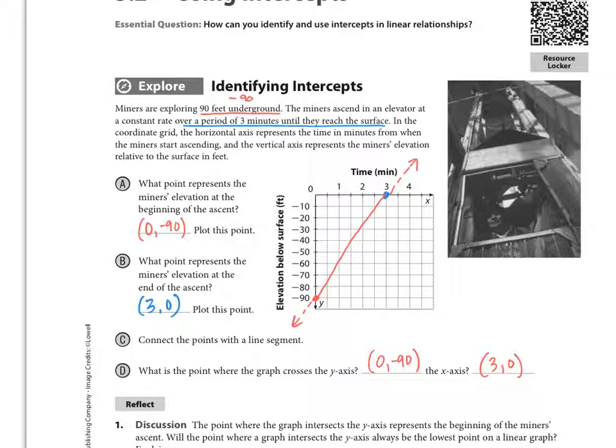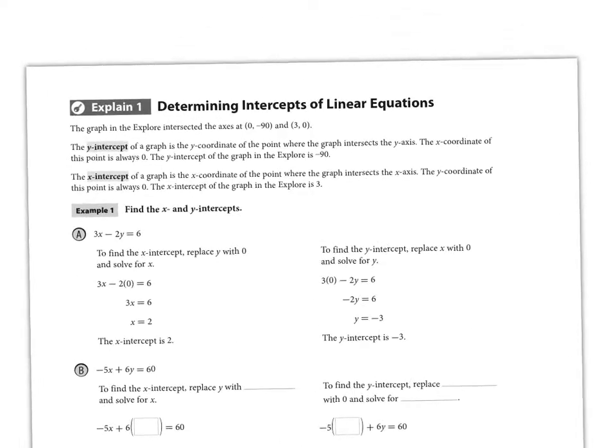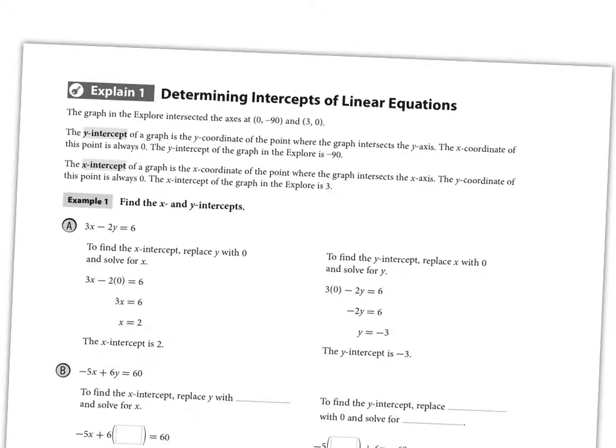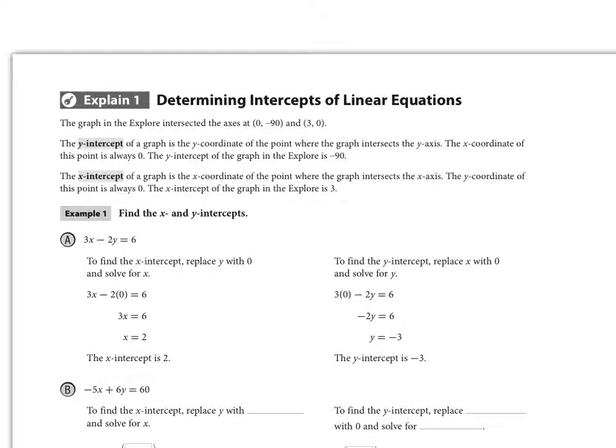These two points are going to be very crucial when we're dealing more with linear equations and linear functions, which is what we started with in the previous lesson. The y-intercept of the graph is where the graph crosses the y-axis.